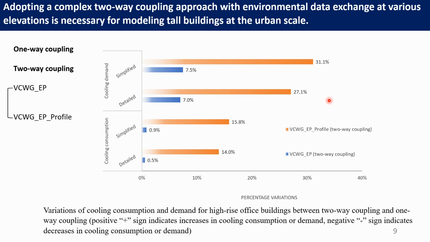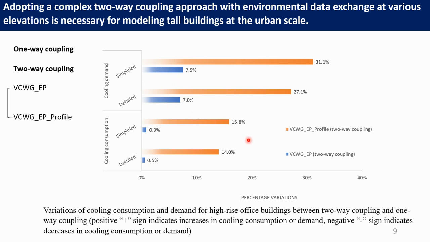That's the more complex one, where at different levels you're feeding different data to VCWG as well as to EnergyPlus. Versus the two-way coupling, VCWG_EP, which represents the general two-way coupling approach. Basically, the entire heat generated from the building is passed from EnergyPlus to VCWG as a whole. That is shown with this blue bar here.